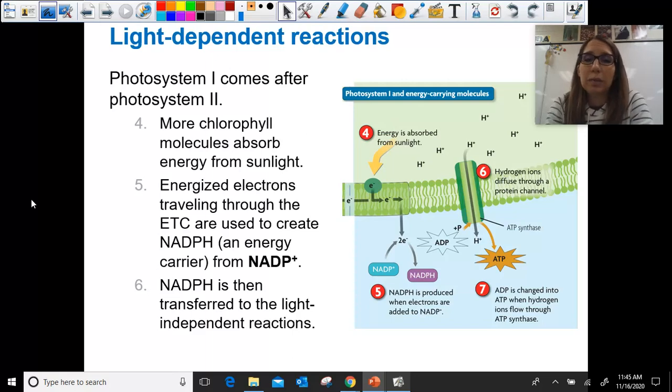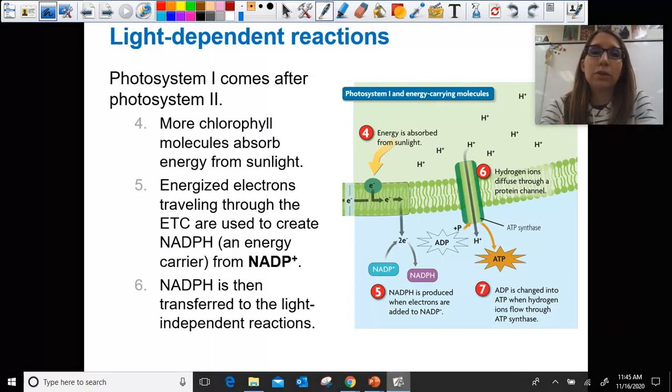And as we do that process, we're going to re-energize our electrons that have been bouncing through this electron transport chain, through that ETC. Okay. At the end of that ETC, these electrons have to go somewhere.